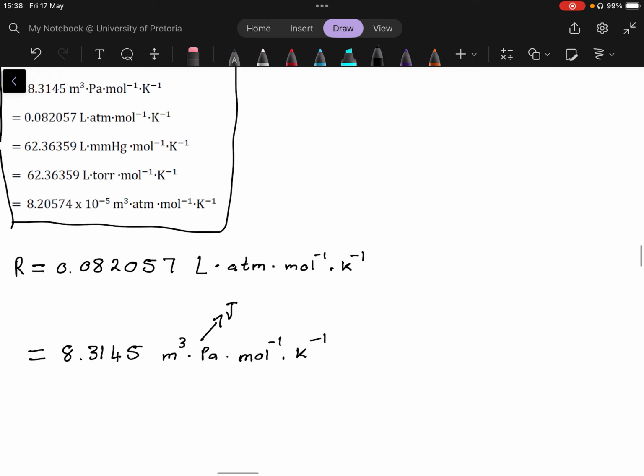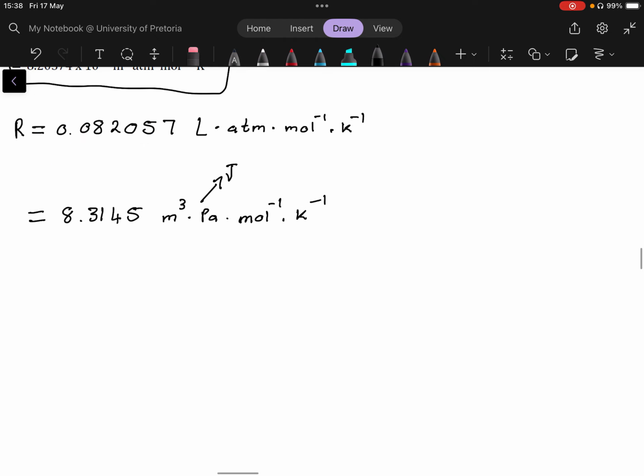How do we get to that? Let's start by writing it in a better notation to work with, using dimensional analysis. So you'll have liter atmosphere per mole Kelvin.